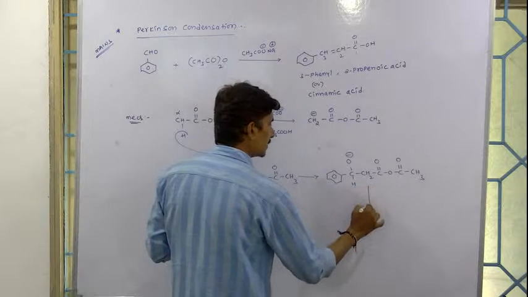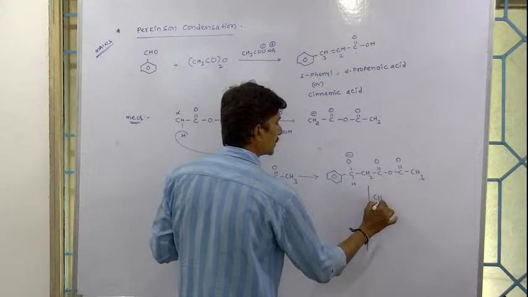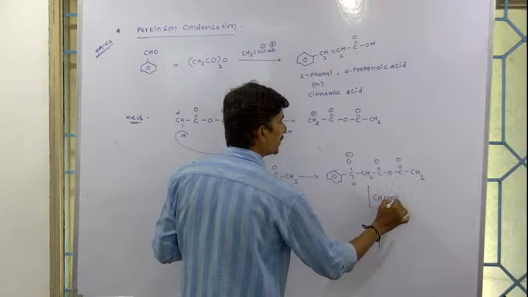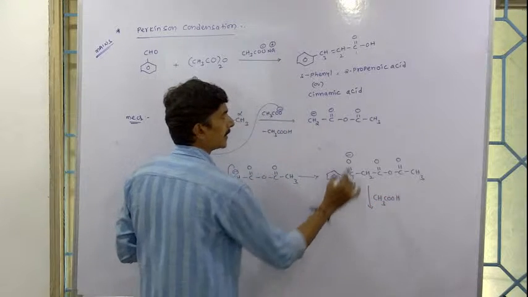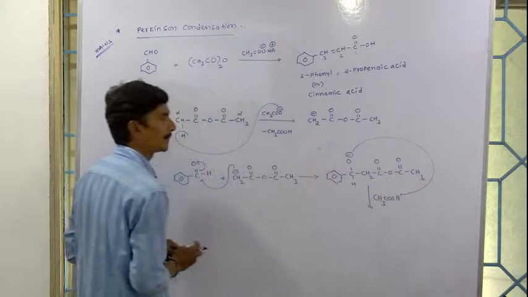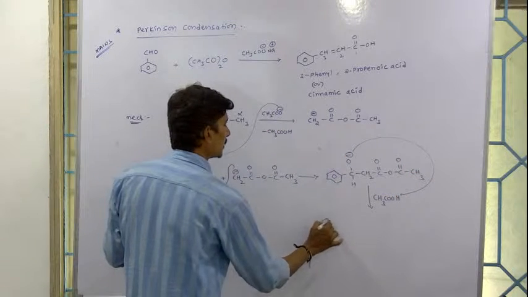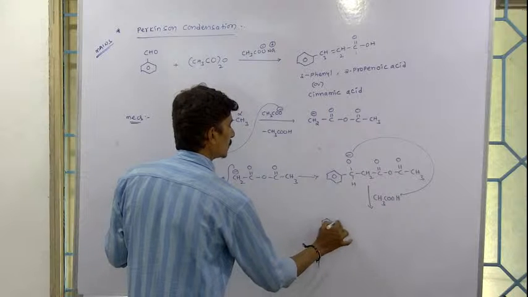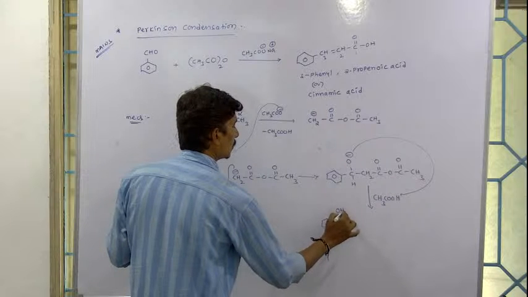When it is treated with the acid, because that acid is obtained by the abstraction of a hydrogen atom, this base, that is the negative charge, will trap this hydrogen and be converted into OH.